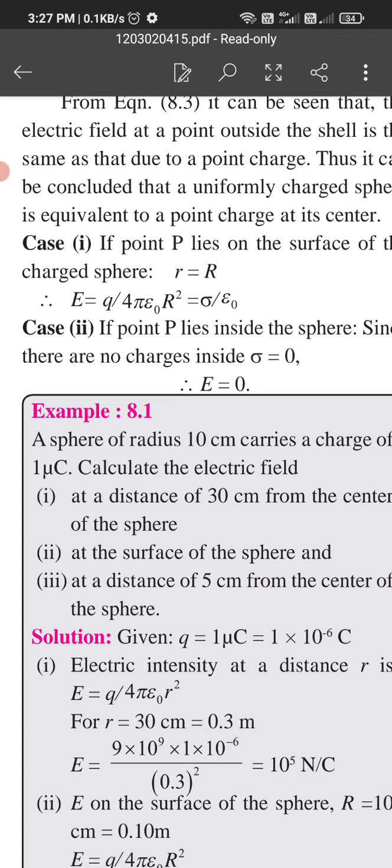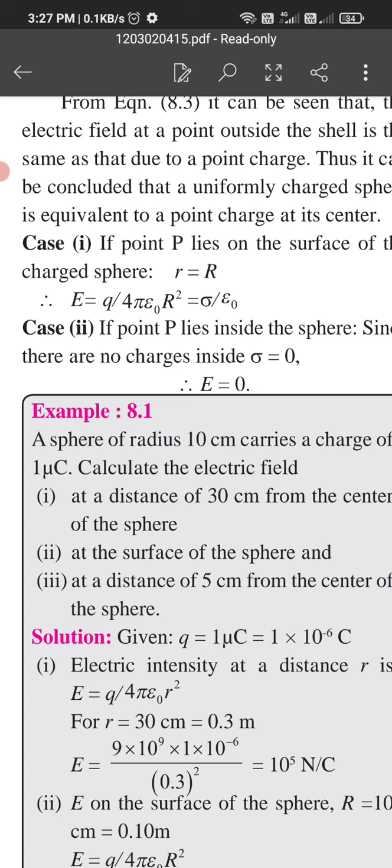Here 9 into 10 raised to 9 is the value of 1 upon 4 pi epsilon naught. 0.3 bracket square is 0.09, that is 9 into 10 raised to minus 2. So 9 gets cancelled, minus 2 we take upside, that is 9 plus 2 is 11, 11 minus 6, that is 10 raised to 5 Newton per coulomb.